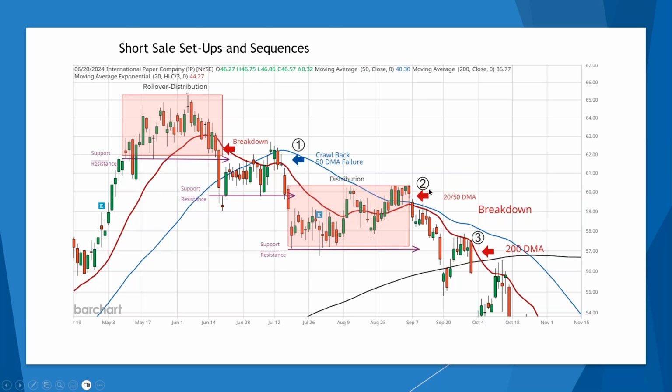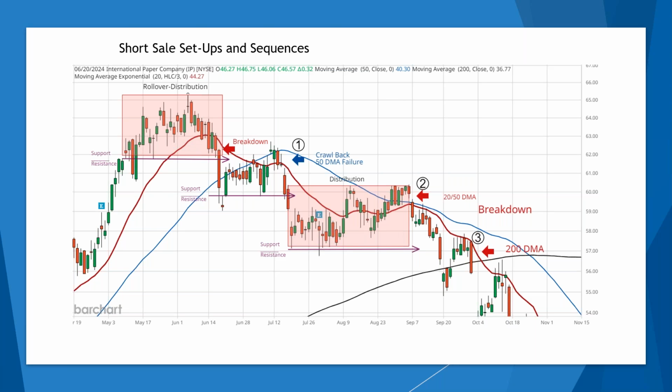So you can see how the pattern here works: we broke down below the 50-day, we fell to the 200, we fell below the 200, recaptured the 200, but then broke down. Again, maybe not a great timely entry, but wait for that retest failure, which would have been a much higher probability entry. So study this chart. Again, this is a very common type of pattern as a market transitions from long to short.